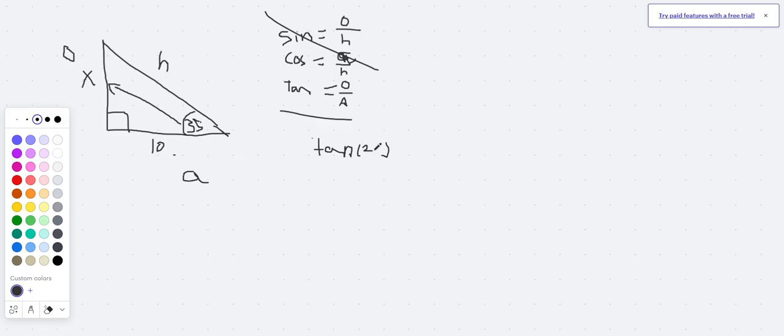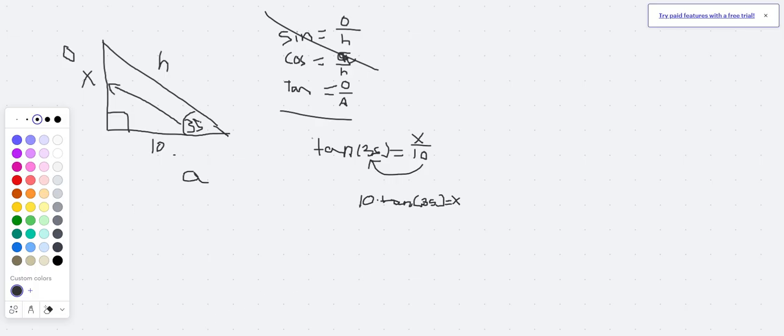Tan 35 is equal to O by A, so x by 10. And you want to get the x by itself. To find x, you take the 10 to this side, and you get 10 multiplied by tan 35 equals x.